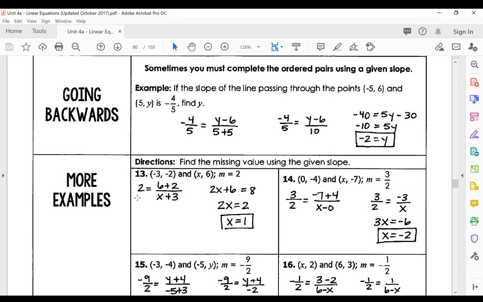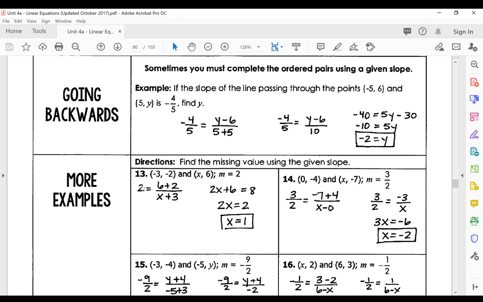Now, this is a proportion, but it might not look like one right away. If you don't have a proportion or a fraction on one side, think about that number over 1 because 2 is equivalent to 2 divided by 1. So when you cross multiply, you'll be multiplying the 2 times the x plus 3, which is 2x plus 6.